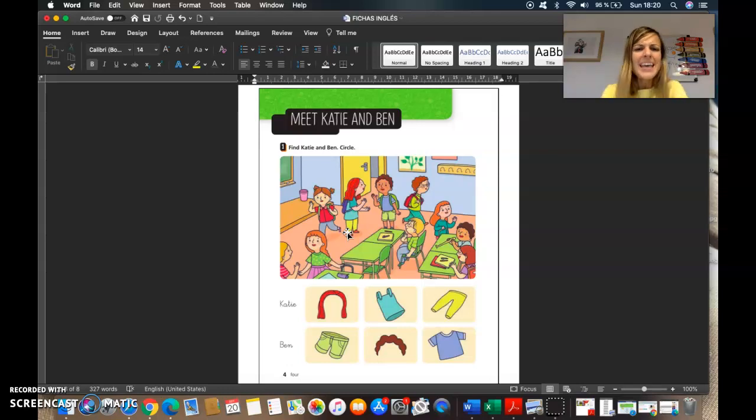And now, can you tell me how many boys are in the picture? Let's count together. 1, 2, 3, and 4 boys. And how many girls are in the picture? Maybe 1.